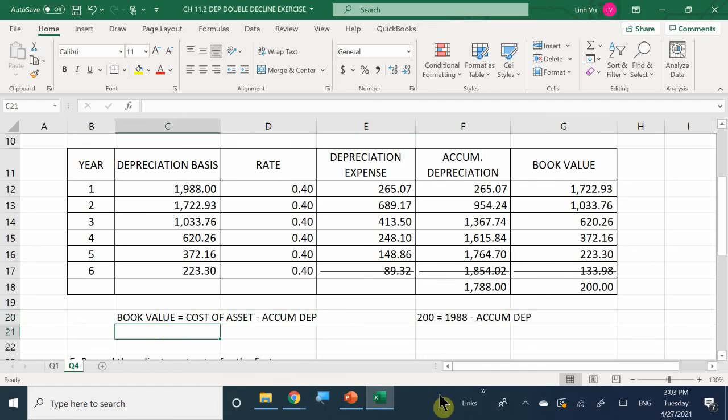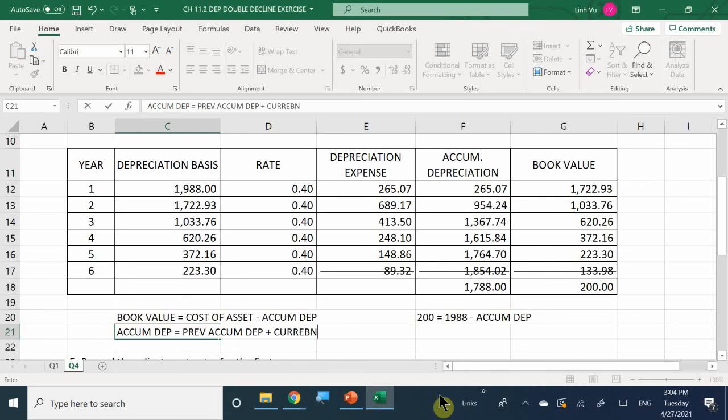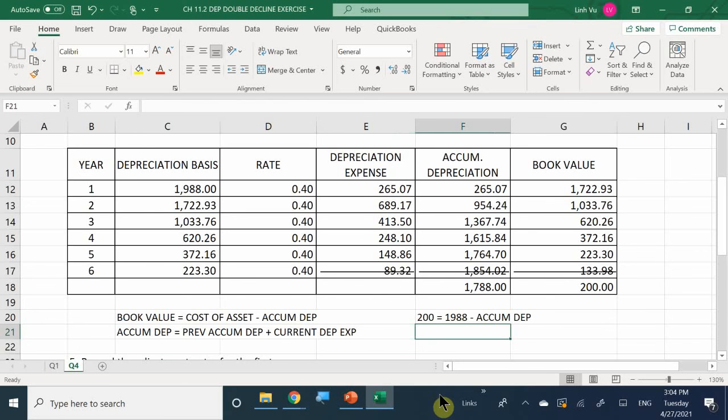So what's my formula to solve for accumulated depreciation? Previous year's accumulated depreciation plus the current year's depreciation expense. So what numbers do I have? Do I have my accumulated depreciation? Yes, it's the 1788.